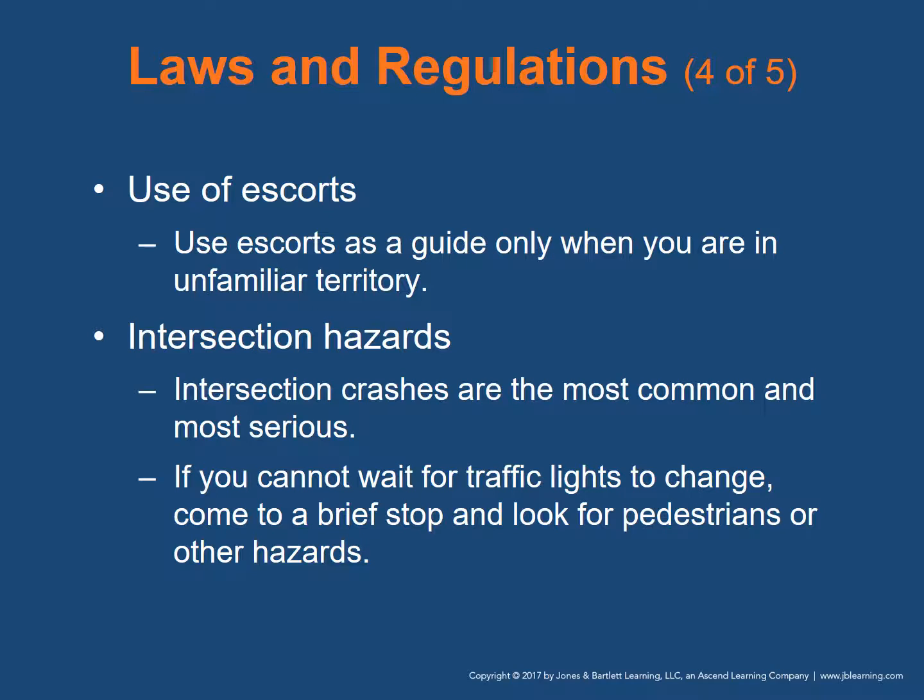So what we do when we come up on an intersection, whether the light is red or green, if we're driving code 3, we're going to make a complete stop at the intersection, and your partner that's driving is going to look to one side of the vehicle, and the other partner is going to look to the other side of the vehicle and systematically clear every single lane of traffic, and put an eye on any cars that might not see that you're going code 3 or that you're going to proceed through the intersection, as well as identifying any other hazards or obstructions in the path of the vehicle as you're driving.